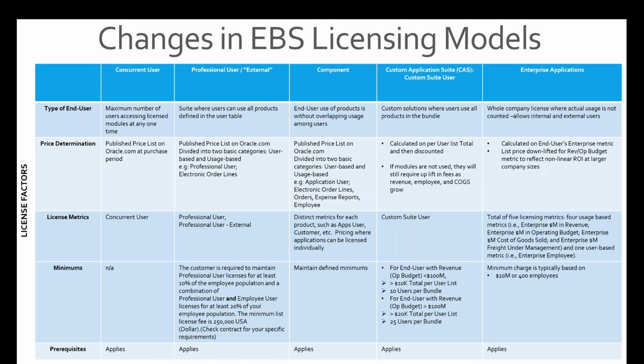So the concurrent user license, let's see. We'll go in-depth in subsequent chapters, but essentially the concurrent user license was a great license model. It was a fair usage license model. You basically measured the full concurrent usage of all users that were accessing the system at a particular point in time.